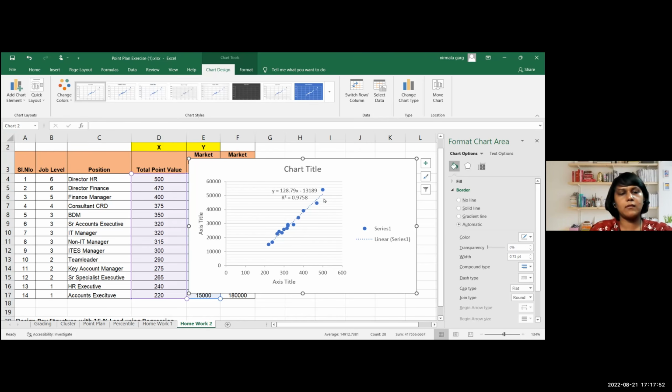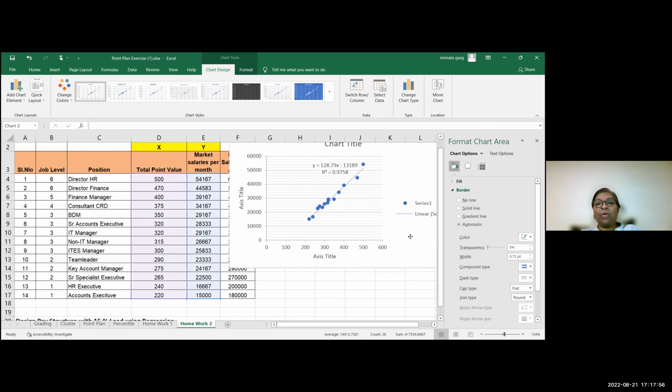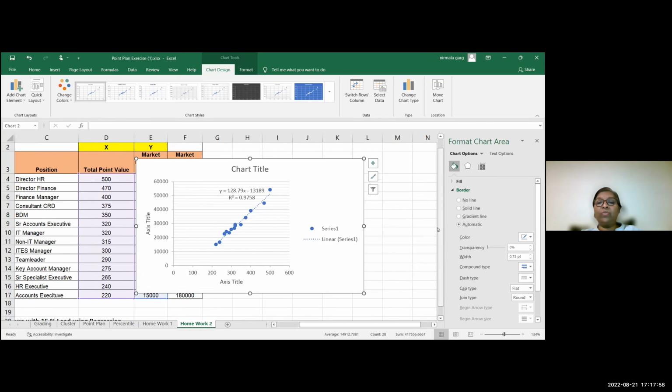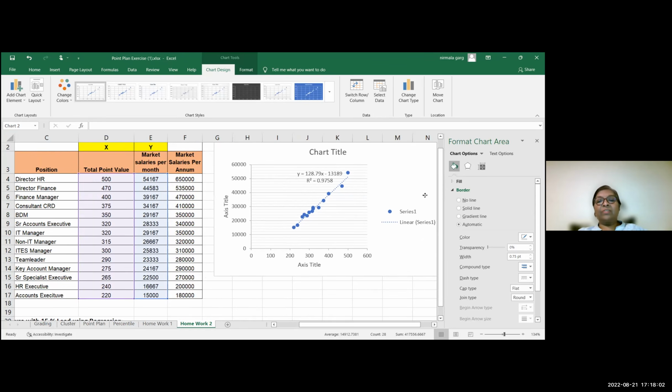Okay, so once you have done this, then it's simple. What will you do? You have to apply that formula. Y is equal to... so I want you all to do it. How much time is left? I want you all to calculate the salary for at least 5 or 10 positions, so that you know how to do it.